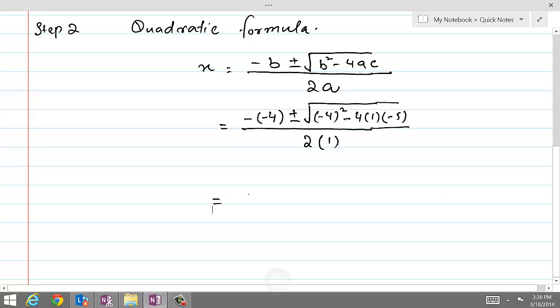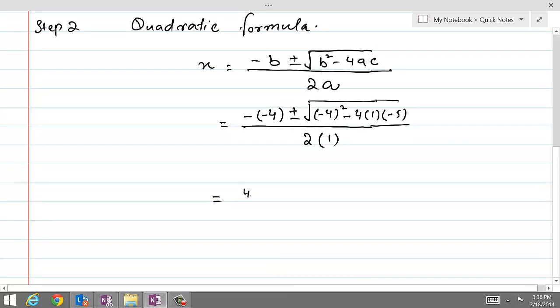Minus times minus 4 will become plus 4, and then plus minus the square root of minus 4 whole squared, which is minus 4 times minus 4, which is 16, and this negative times negative becomes plus, and 4 times 1 is 4, and 4 times 5 is 20.